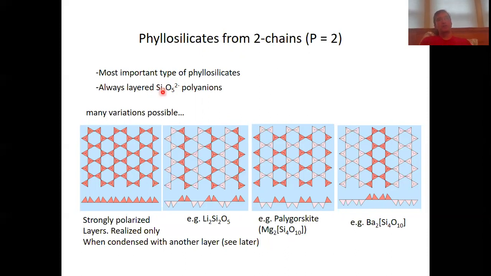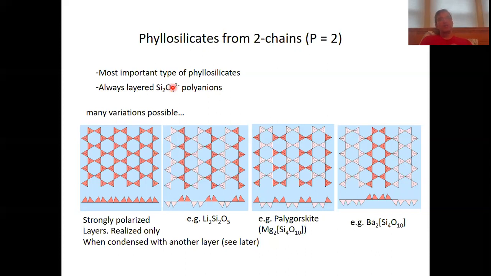If that Si2O5 unit appears in the empirical formula, you may suspect that this is a phyllosilicate, and because phyllosilicates with two chain structures are very common, a two-chain phyllosilicate.